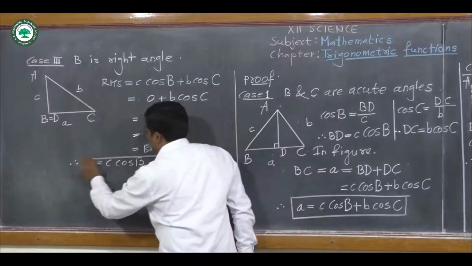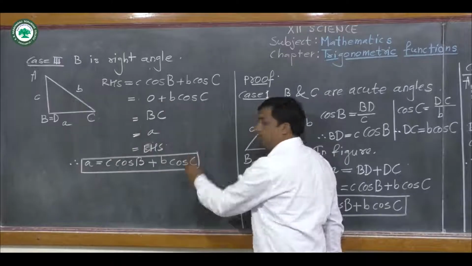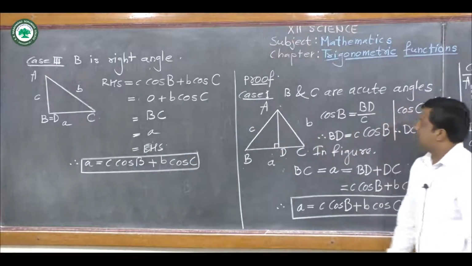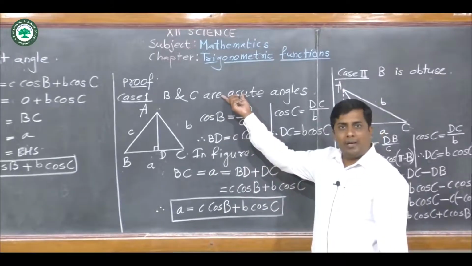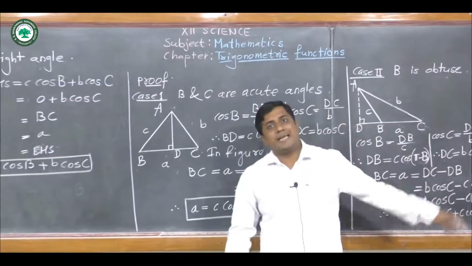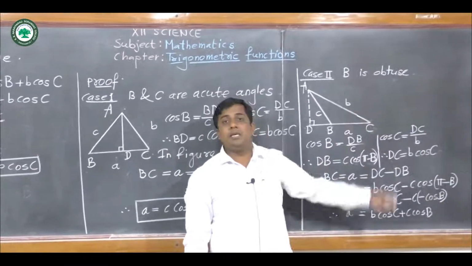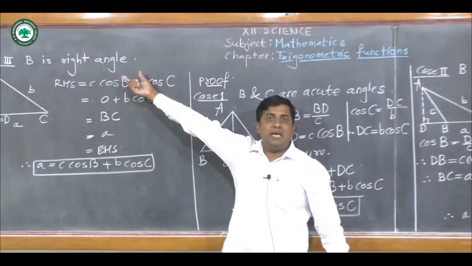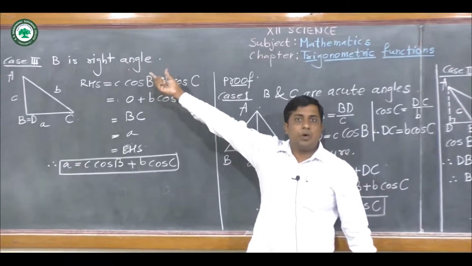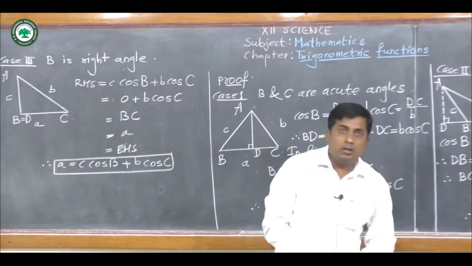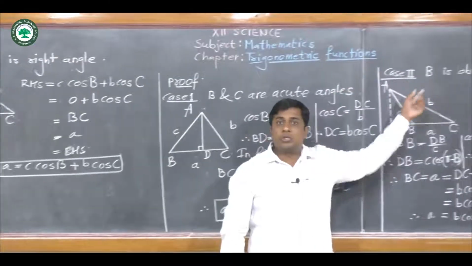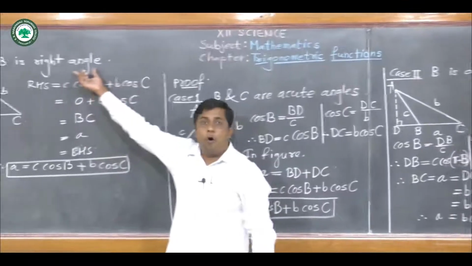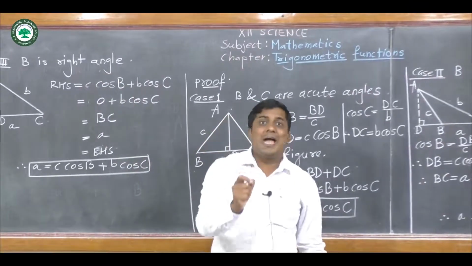So in these three cases we considered various cases. I repeat: in the first case we consider B and C as acute angles. In the second case we consider B as obtuse. In the third case we consider B as a right angle. Similarly, we can prove it for C obtuse and for C a right angle.